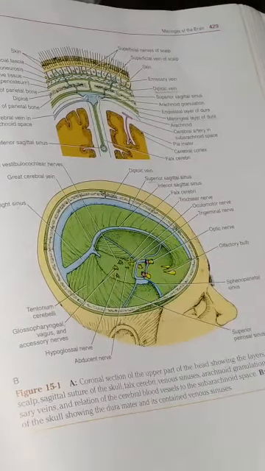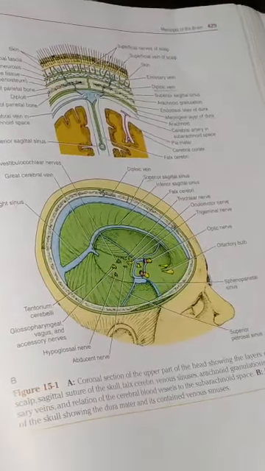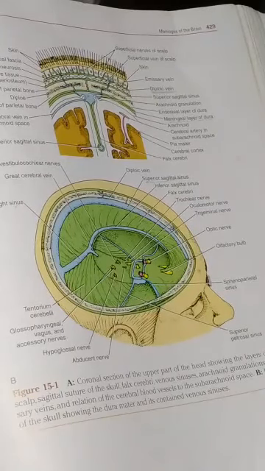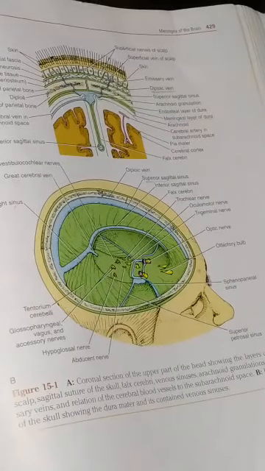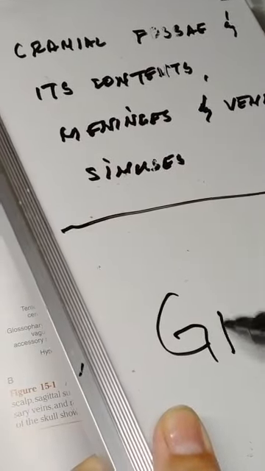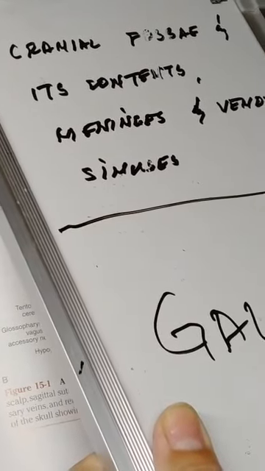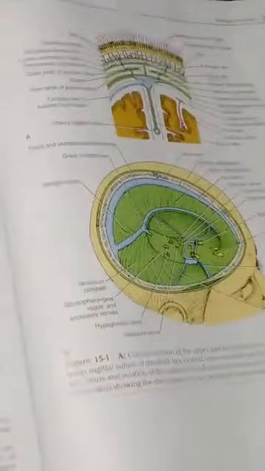This is called the great cerebral vein of Galen. There is a name, just in case you want to know the complete name. Okay, so this is the great cerebral vein of Galen.